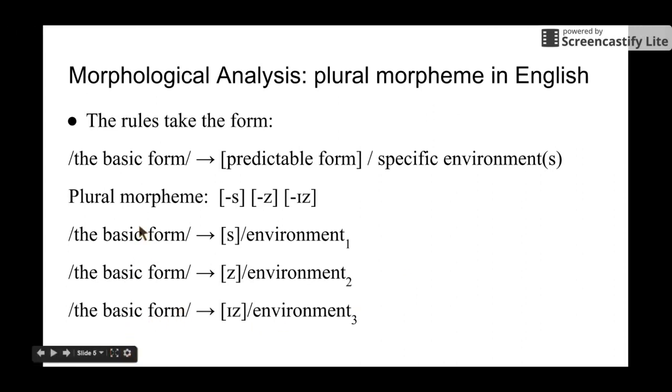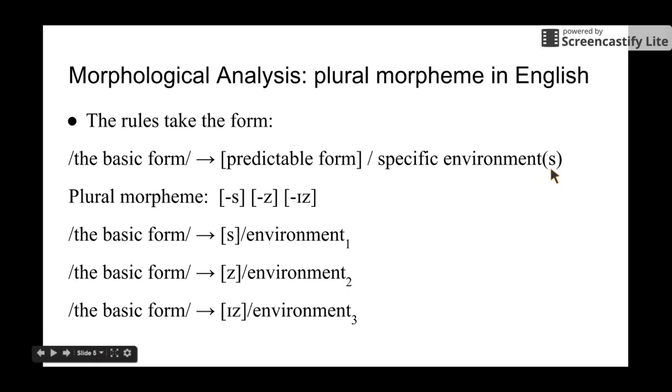Okay, now we can try to analyze the plural morpheme in English. We can try to derive the three alternations, the three allomorphs of the plural morpheme. Remember that when we tried to derive the allophones in phonology, we were using formal rules, right? We have the basic form, it becomes some predictable form in a specific environment.